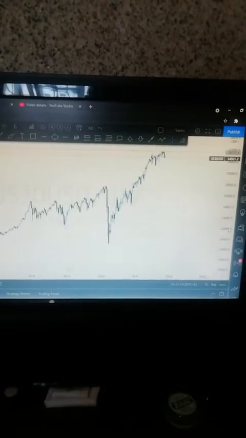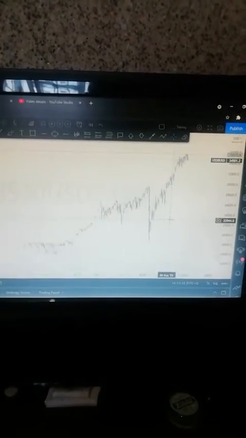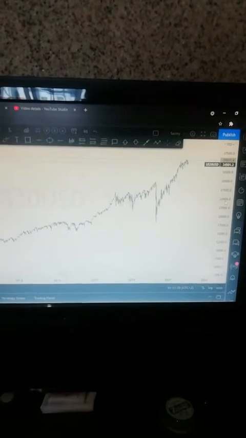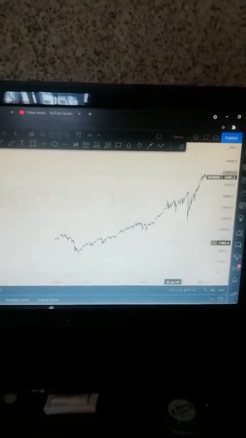Let's just analyze. Let's start with US30, right? US30. On the weekly time frame, we can see that it's just bullish, man. Nothing too crazy.